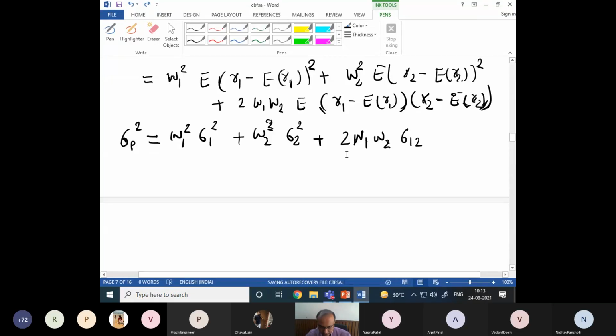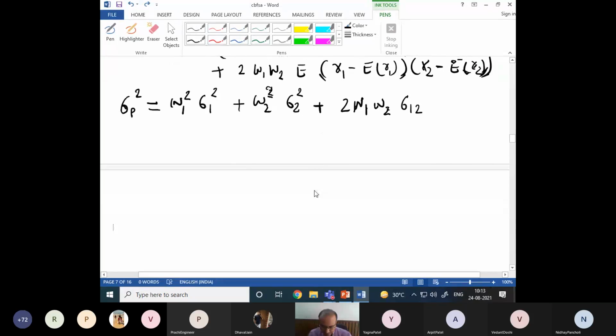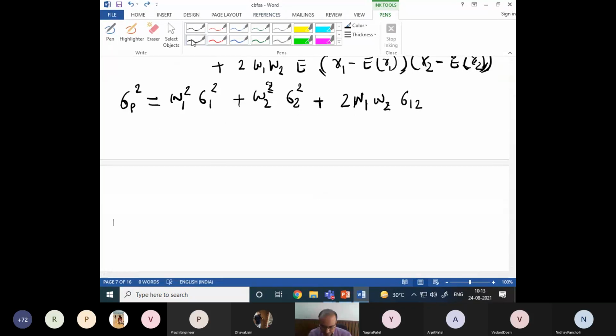OK, so now let me go beyond it. Now you recall these properties of the variance and covariance that we defined last time. You recall that sigma 1 1 is actually sigma 1 square, right? The covariance of the return of security 1 with itself, so that is sigma 1 1, we can write it as sigma 1 square.